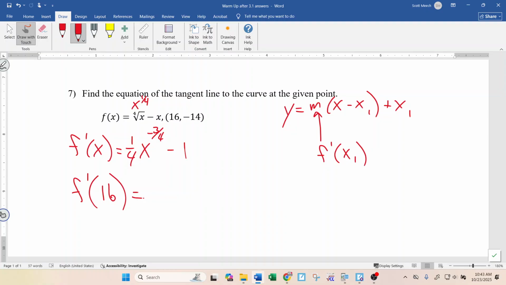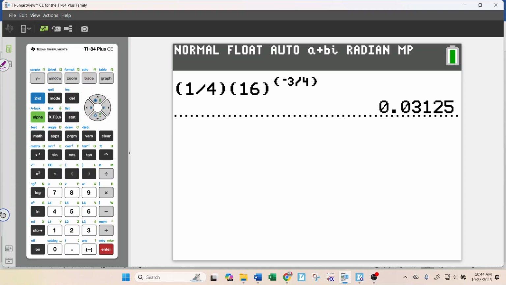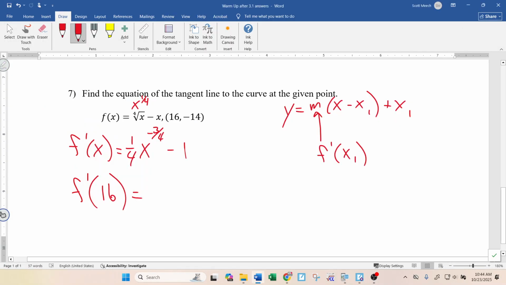And for right now, to make our life easy, we could just say 1/4 times 16 to the negative 3/4, which is 1/32. So this is 1/32.